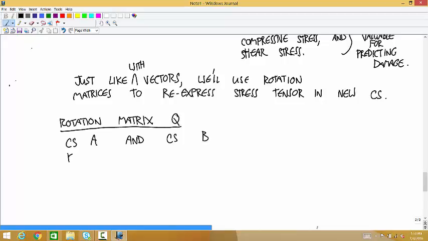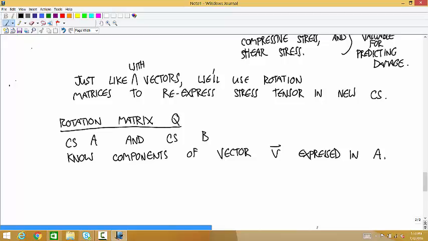And say that we know the components of a vector v expressed in coordinate system A, okay?